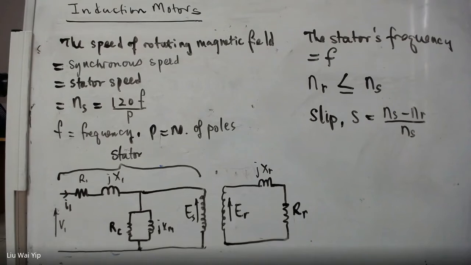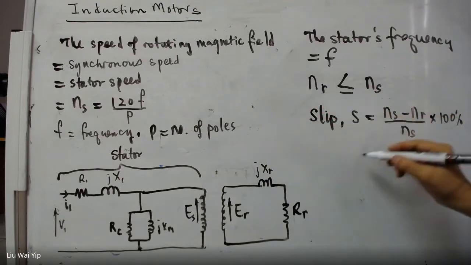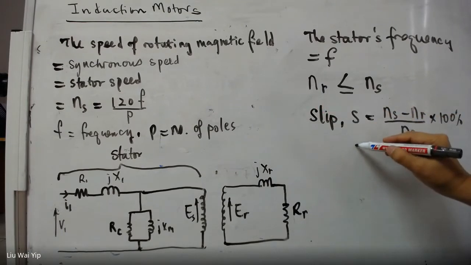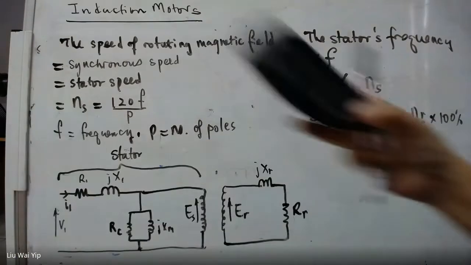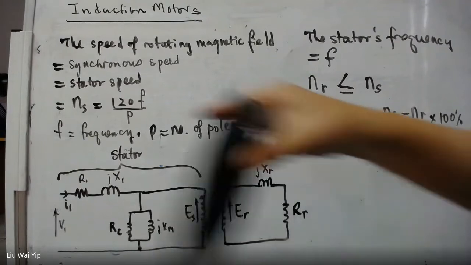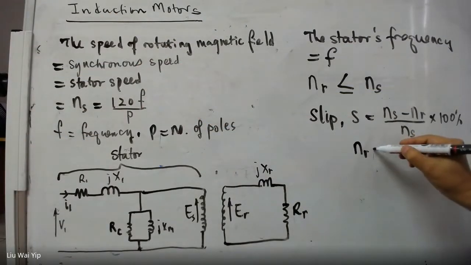The slip is defined as the difference between ns and nR, divided by ns. And because of this formula of slip, we also know that the rotor speed is going to be a function of the synchronous speed.